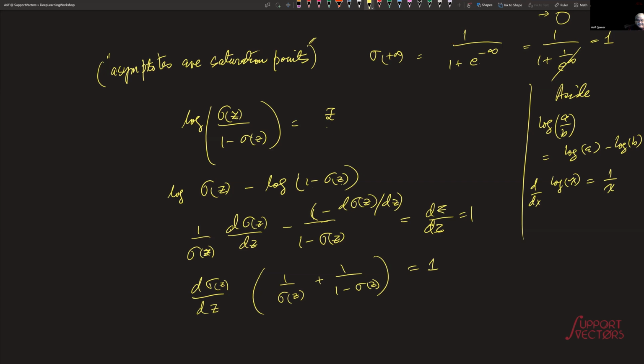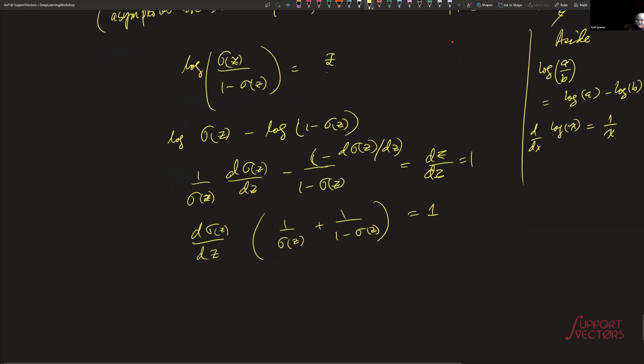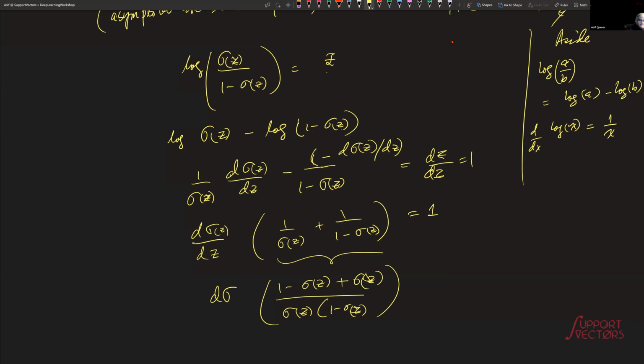So let's solve this term. This is the sort of thing you used to be very good at at some point. In the denominator, it would be sigma(z)(1 - sigma(z)). And what would be the numerator? (1 - sigma(z)) plus sigma(z). And this whole thing multiplied by d sigma(z)/dz. And this thing is equal to 1.